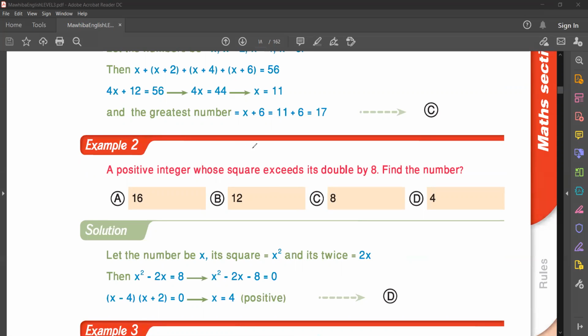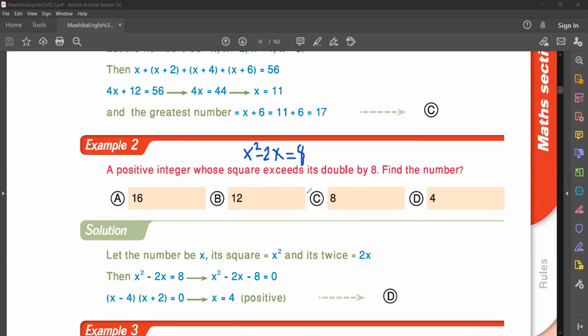He said it exceeds its double, that is minus 2x, because he said double, by 8, equals 8, right? Now we solve this problem.